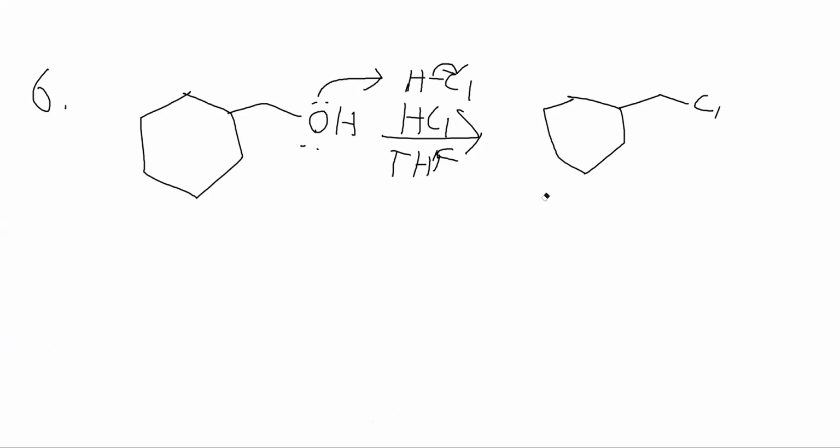So what would be good, we can still get from this alcohol to this alkyl halide. We just have to use the other conditions for substituting a chlorine for an alcohol. Can anybody tell me what those conditions are?